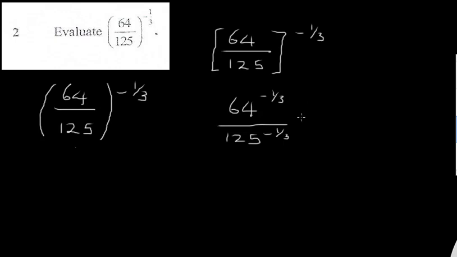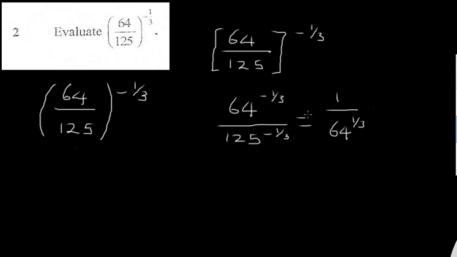And from what we've just said, when you have a negative power, that number becomes a denominator with a numerator of 1, and the power becomes positive. So this is equal to 1 over 64 raised to the power 1 over 3. This power has now become a positive power.